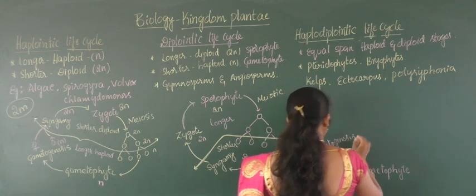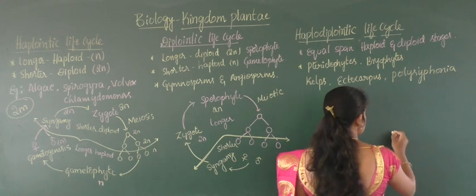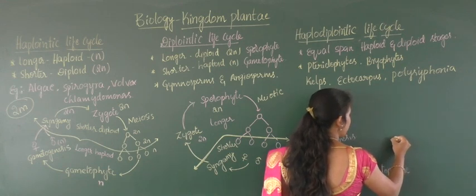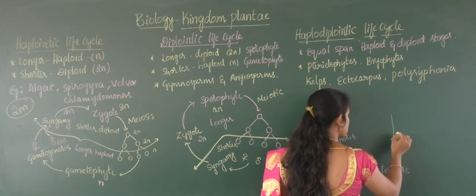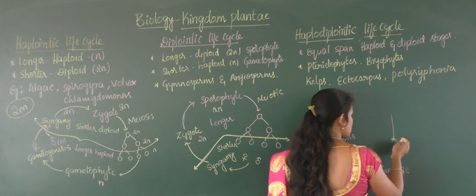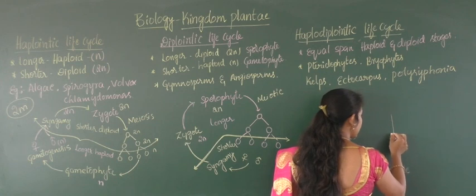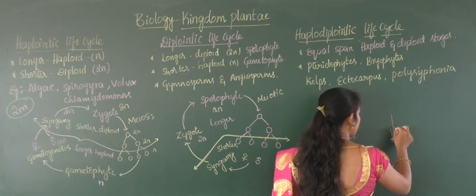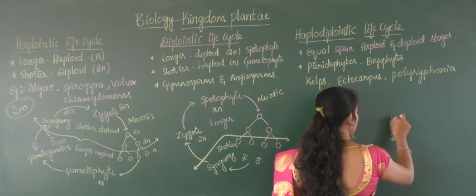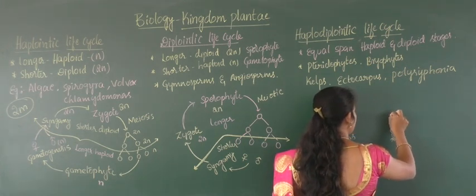You are very clear about this, and these are the rhizoids mentioned, and this is a one-axis stem-like structure, where leaf-like structures are arranged spirally.